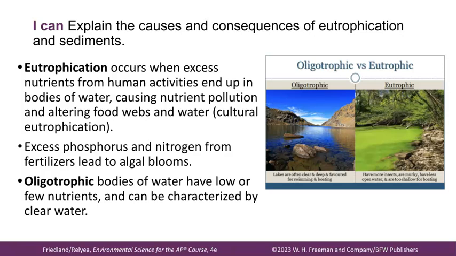I just don't want you to be confused on a test question that might say cultural eutrophication. The opposite is oligotrophic. They have low nutrients. They're like crystal clear water, which is pretty to look at, but doesn't have a whole lot of nature in it. Okay, so you see the picture, oligotrophic, eutrophic.